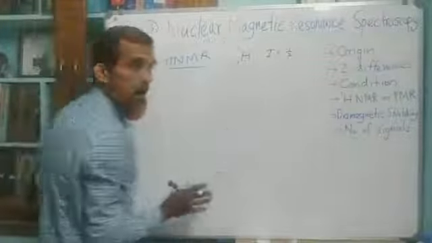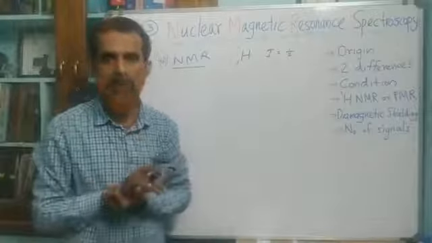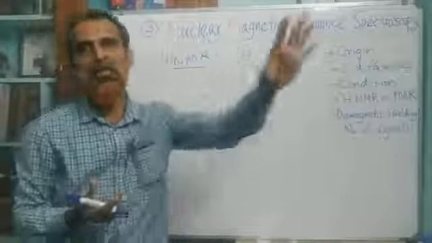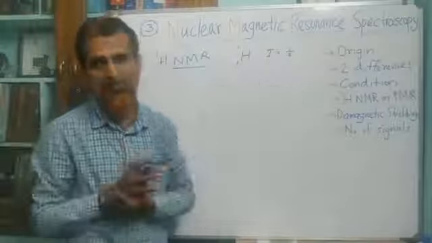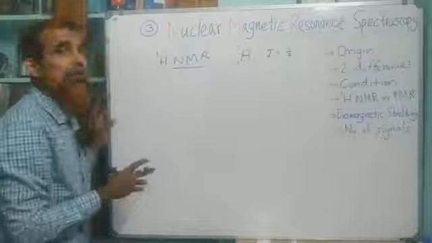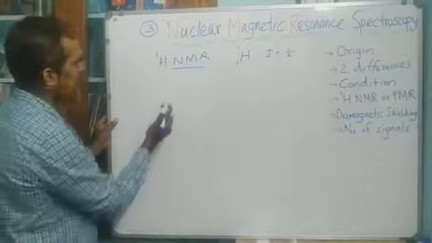So I is equal to half, so it is NMR active. Can you say why H1 NMR is most popular? Because in organic compounds you can see plenty of hydrogen. The number of hydrogens will be maximum, right? So we make use of the hydrogen nucleus present in organic molecules for this NMR study.